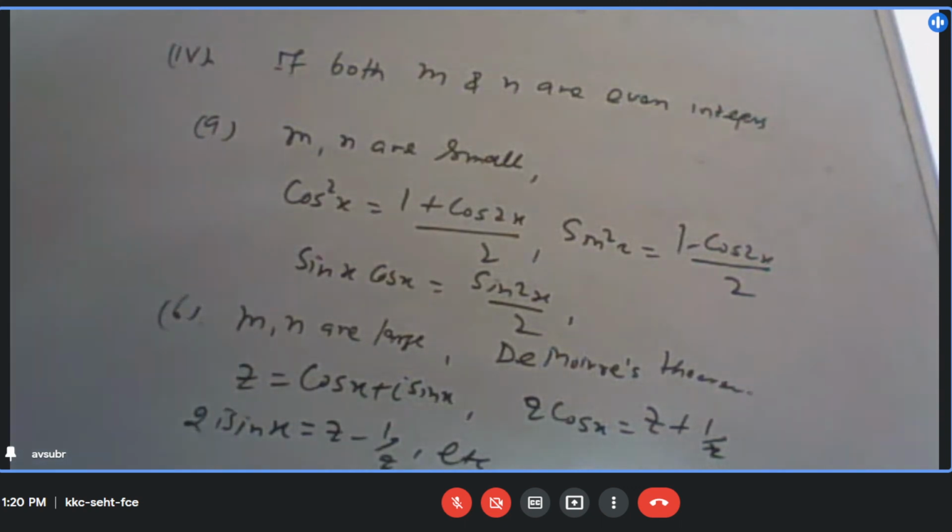This is how we can find out the different formulas. So there are alternative ways depending on whether, for example, m is even, m is odd, or m and n are even and odd. Accordingly, we can make our way to simplify the process.